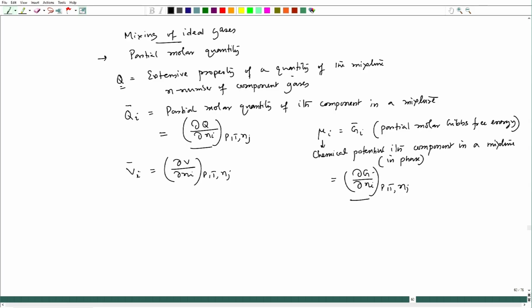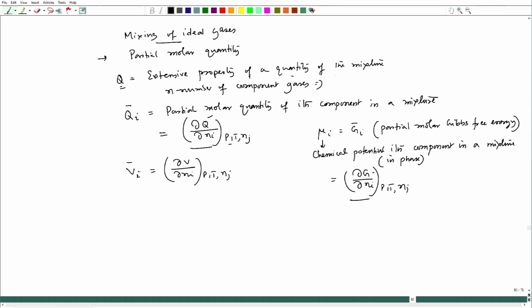Okay. So, now one more important aspect is, remember that when we write this quantity Q, it is the total value of the extensive property. It is not molar, because I do not know the number of moles present.